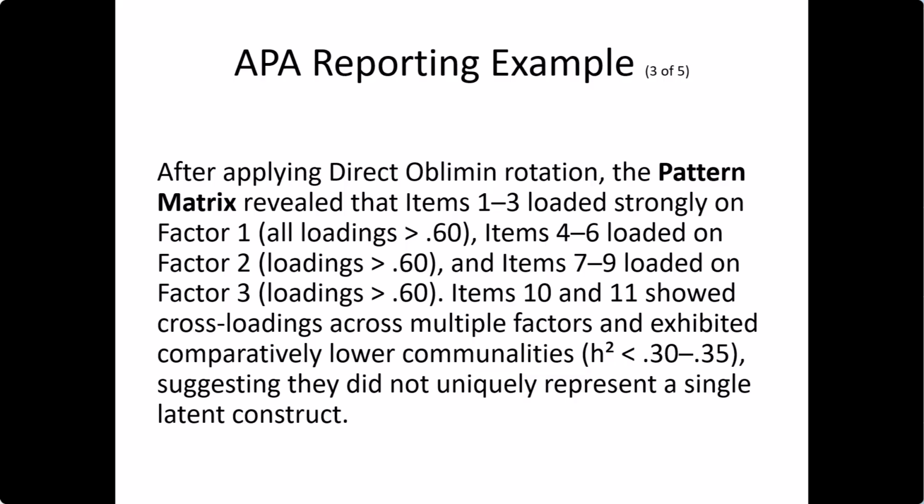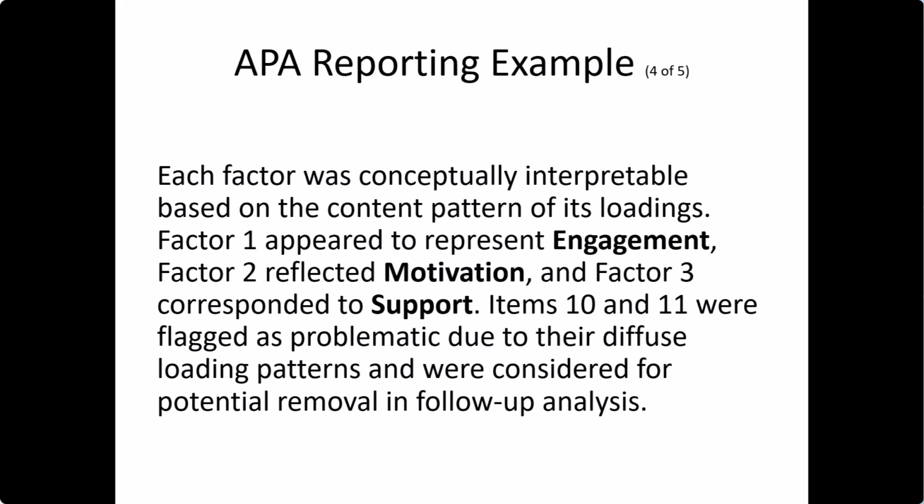Items 10 and 11 showed cross loadings across multiple factors and exhibited comparatively lower communalities between 0.3 and 0.35, suggesting that they did not uniquely represent a single latent construct. Each factor was conceptually interpretable based on the content pattern of its loadings. Factor 1 appeared to represent engagement.